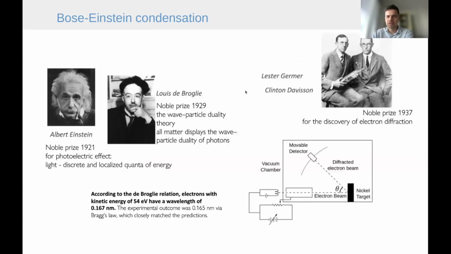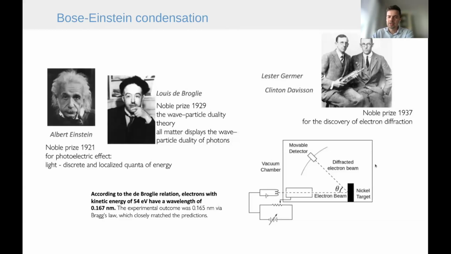And this was demonstrated by Lester Germer and Clinton Davisson, who showed that electrons can be diffracted. So this is the scheme of the experiment. We have here a source of electrons, which is incident on a nickel target, so on a solid state crystal with certain periodicity.